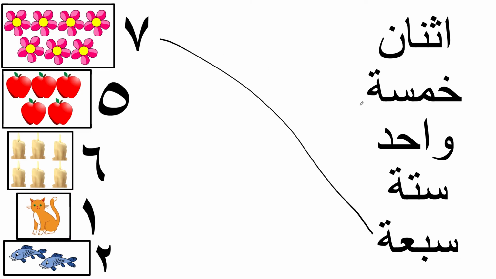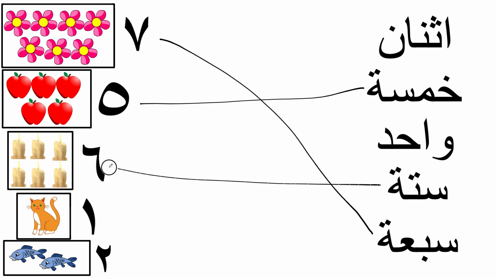Next, become tufa, how many apples? So we can see one, two, three, four, five, or the circle. So we have khamsa. Next would be become shama, how many candles? One, two, three, four, five, six, or the number here, sita.